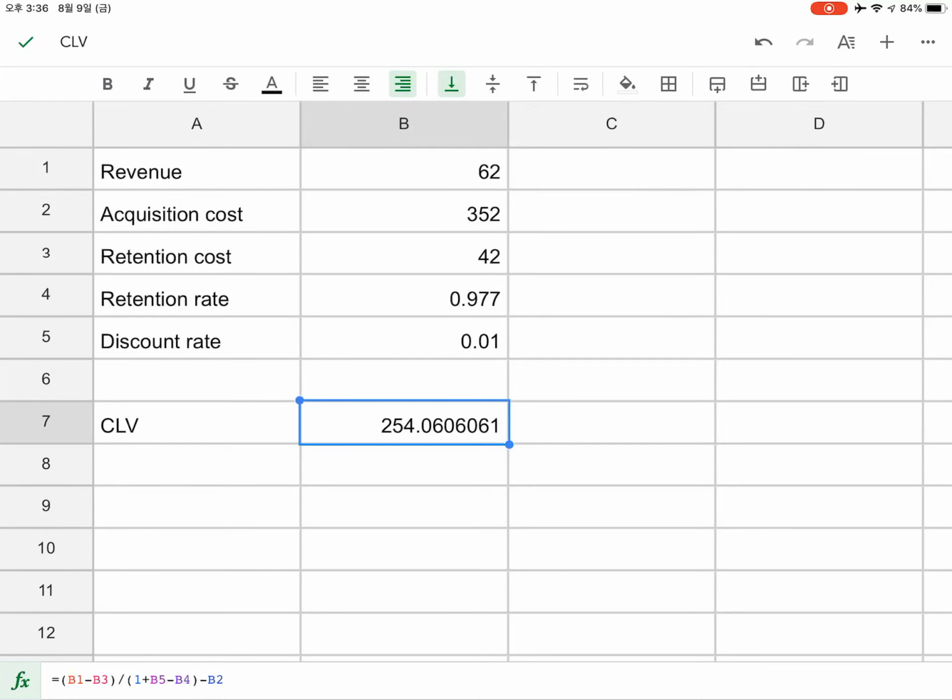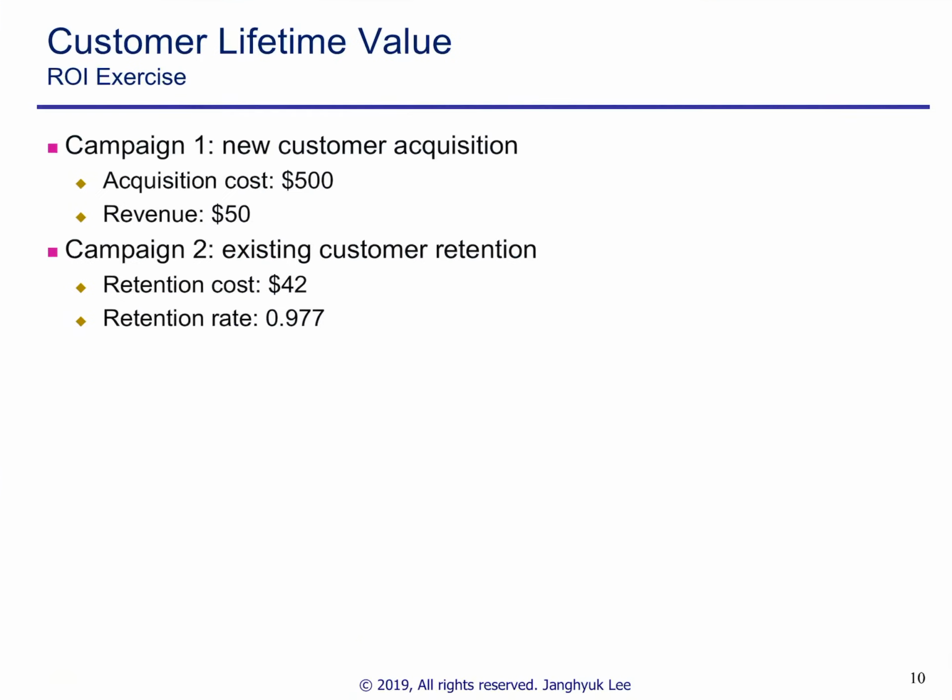So this new existing customer retention program, which will cost the company $42, so 10 additional dollars, even though it brings retention rate higher, will not be as profitable as the current status quo.